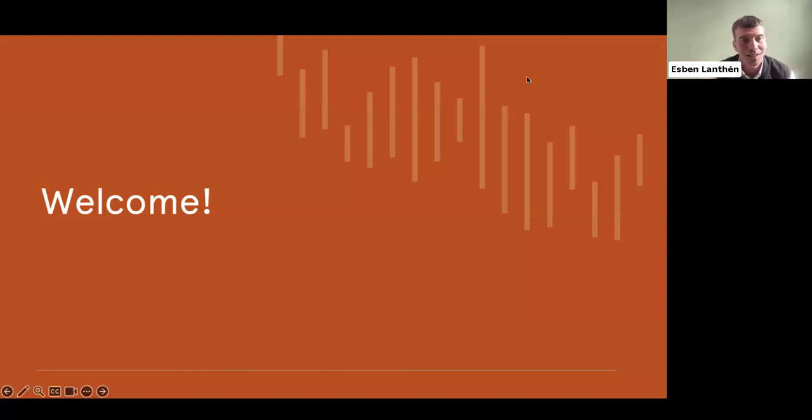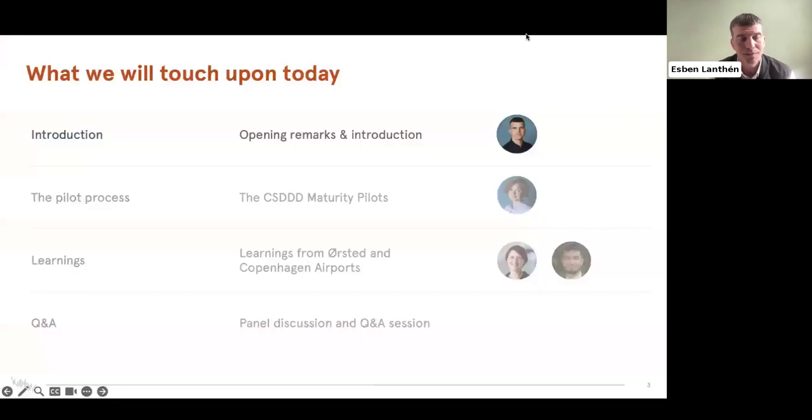Here today are Copenhagen Airports and Ørsted, who will disclose some of the first findings from some of the case studies that we've done together with them on a CSDDD maturity tool. We'll take a deeper look into what we found from those first projects and hopefully distill some insights for you that you can learn from in your journey on sustainability due diligence more widely, but also, of course, specifically on CSDDD.